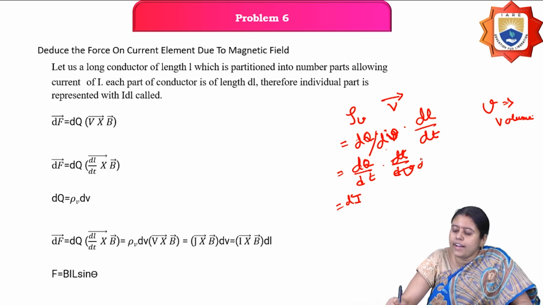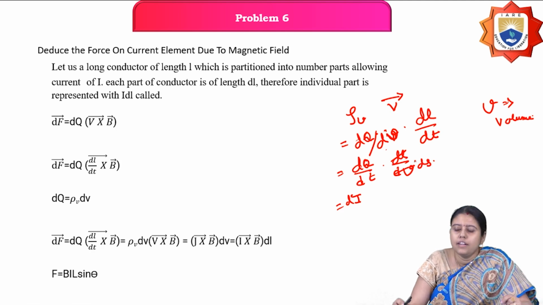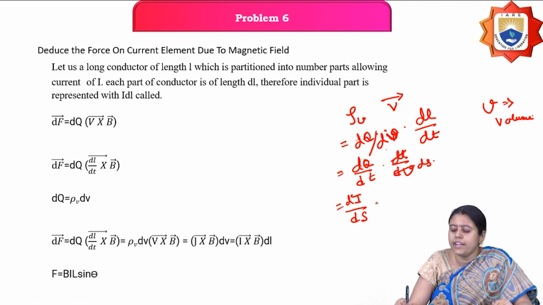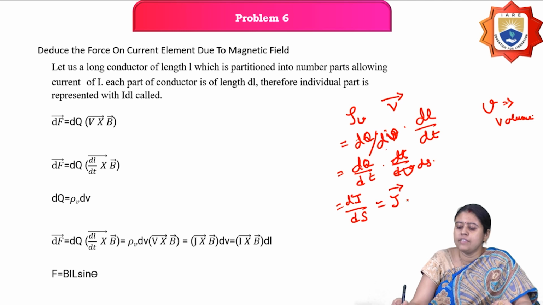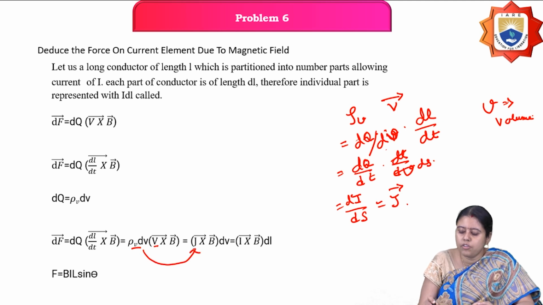So we get dS, because volume is equal to surface into length. So dI by dS is nothing but J. So rho v and v combined together give the value of J. So J cross B dv.